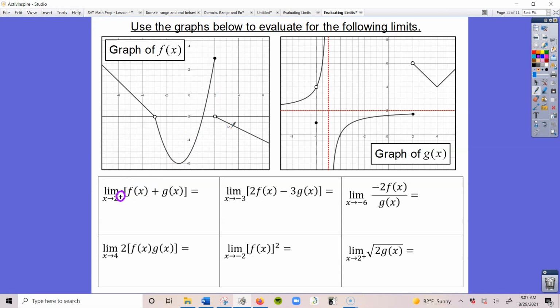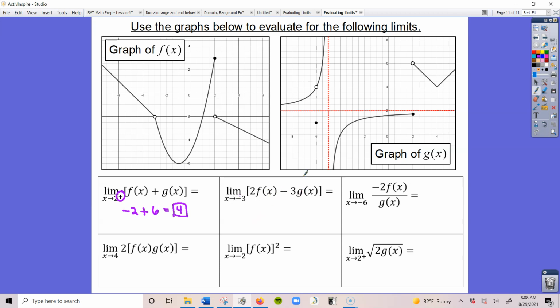So from the right would be negative 2. And then we're going to add the limit as x is approaching 2 from the right of g of x. So I go to g of x, here's 2. This is the right, so 6. And negative 2 plus 6 is 4.